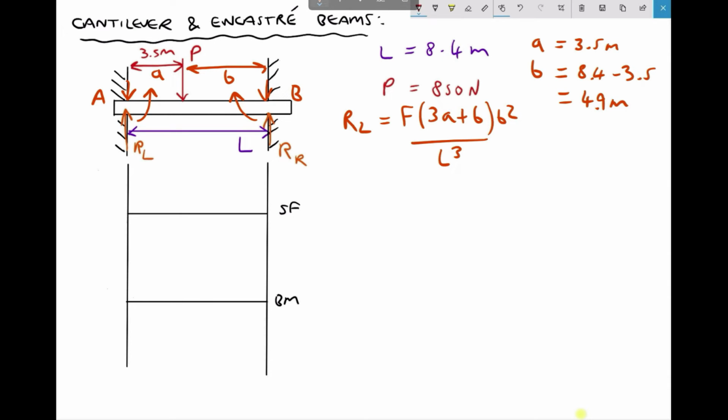So now, applying this equation, we can calculate the magnitude of our left-hand support, RL, often referred to as RA, depending on the diagram and how the supports are specified. Let's stick with what we have.